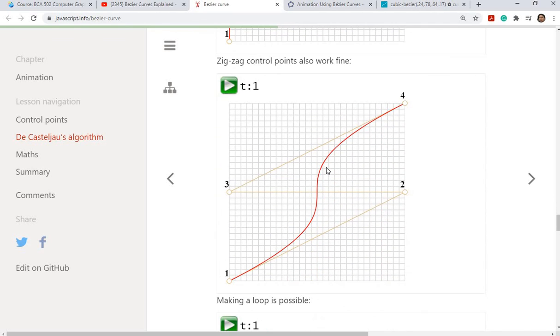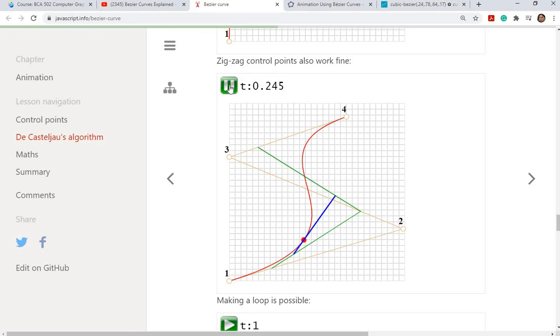Now let us see another animation. Okay, here you can have a Bezier curve like this. It is very fun to watch and fun to play with. You can move the points around, and then you can create different shapes as you like.